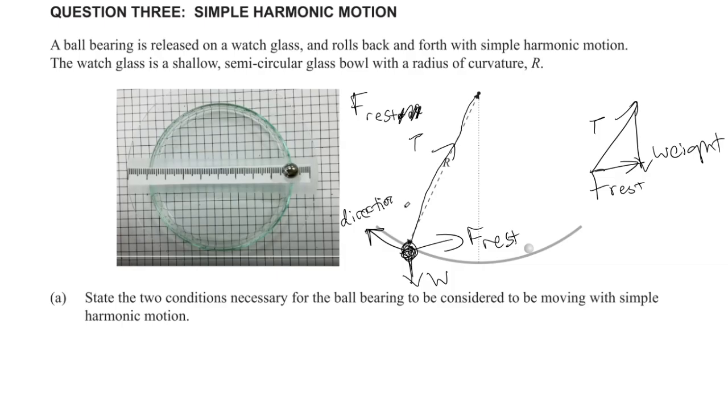What you're going to get is: state the two conditions necessary for the ball bearing to be considered to be in simple harmonic motion. One of them is that the restoring force, from F equals ma, is a vector, meaning it has a direction, but mass is a scalar, so it doesn't. So the direction of the restoring force is the same as the direction of the acceleration.